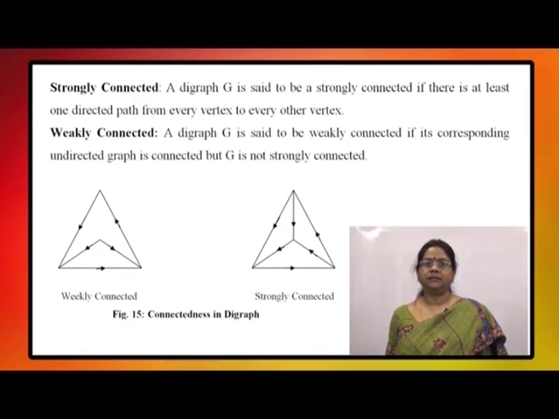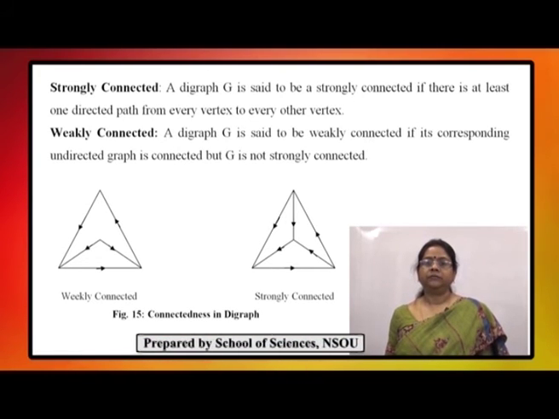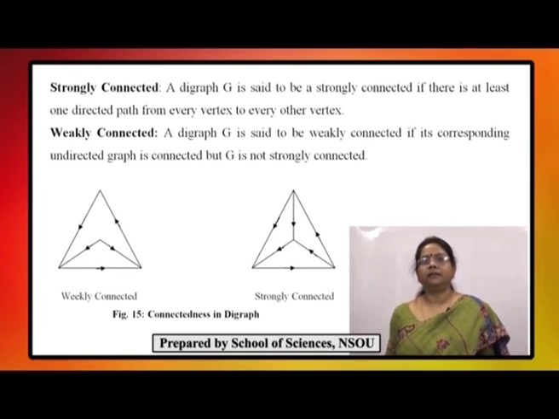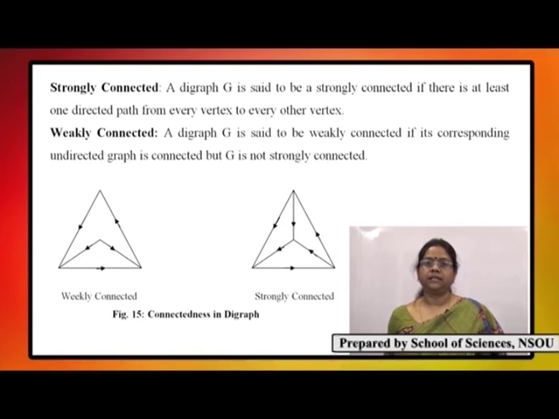A strongly connected digraph is a digraph where there is at least one directed path from every vertex to every other vertex. Between any pair of vertices there must be at least one directed path. Then only can we say a digraph is strongly connected. And if this is not the case, but its underlying graph is a connected graph, then there must be some semi-paths between every pair of vertices, and it is called a weakly connected graph.